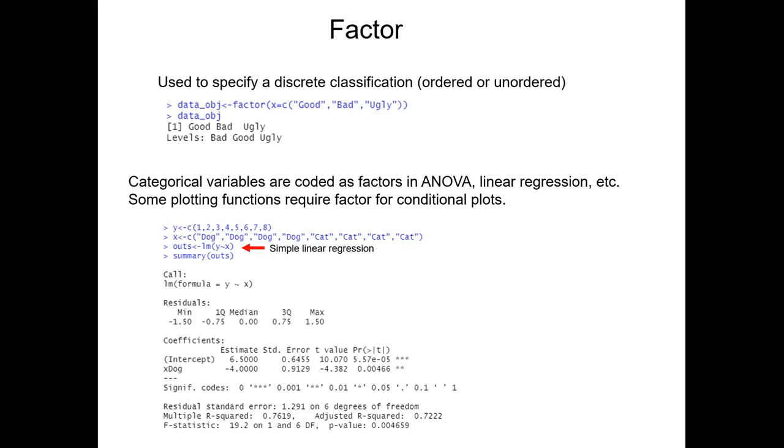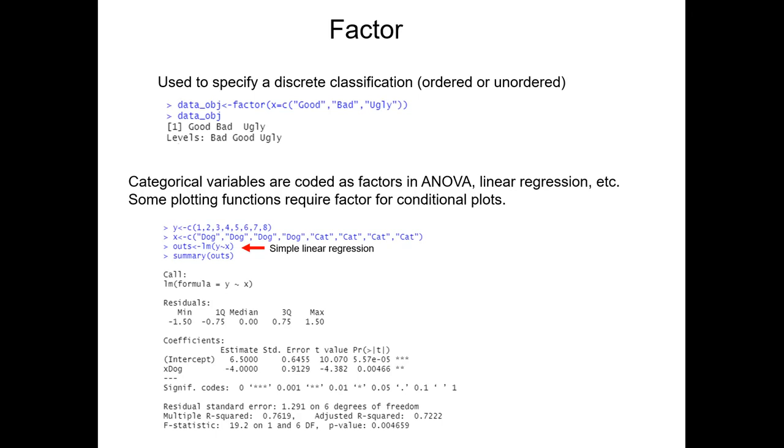And when you show the information in that by typing the data object, you'll get an output that looks like this, where it has this output called levels, and it just shows you the different categories that have been coded as a factor.